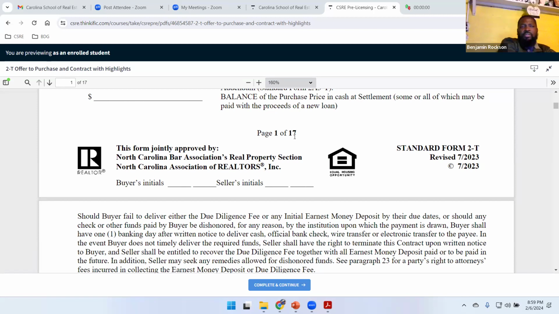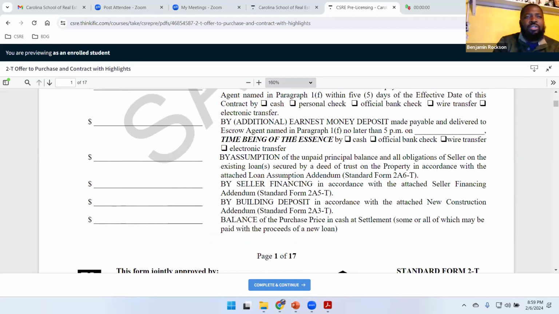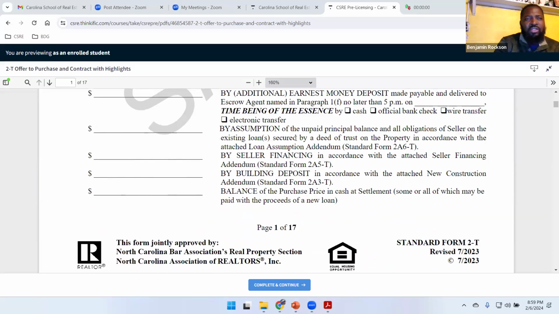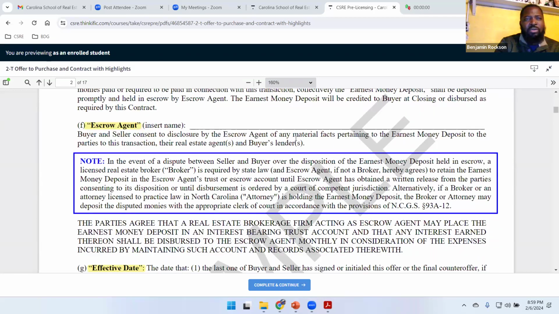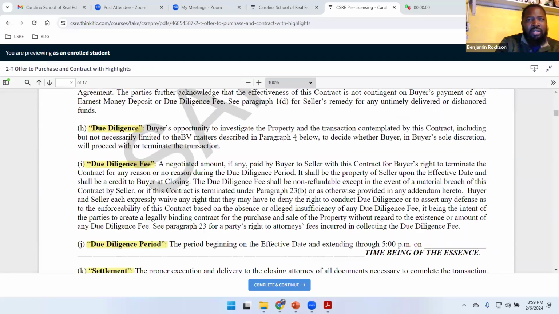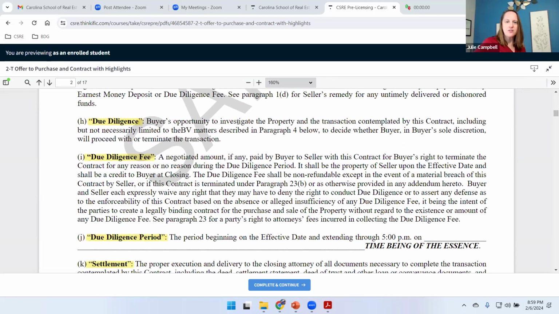Quick question. Isn't due diligence like finding out about the house, doing research about when it was built and everything like that? Yep, the due diligence is the buyer's opportunity to investigate the property. Benjamin, you came on late, so make sure you go back and review that when the recording becomes available, because we've talked about due diligence, the due diligence fee, and the due diligence period.